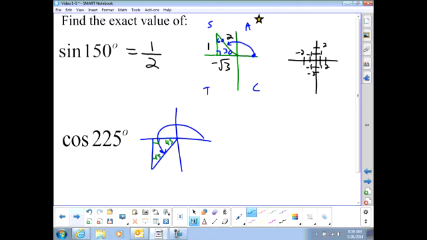Across from our 45 should be 1. They are each negative 1 because one of them moves left from the origin, one moves down. And then we know our hypotenuse is square root of 2. We want cosine, that's adjacent over hypotenuse from our reference angle. So we will have negative 1 over square root of 2. And again, you can leave it just like that this year.